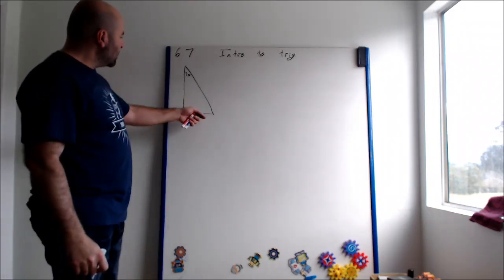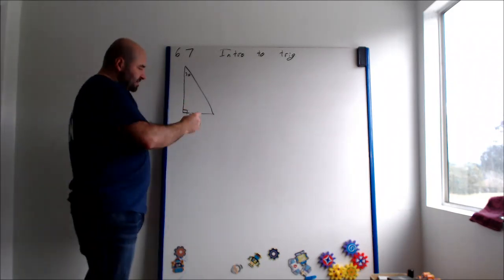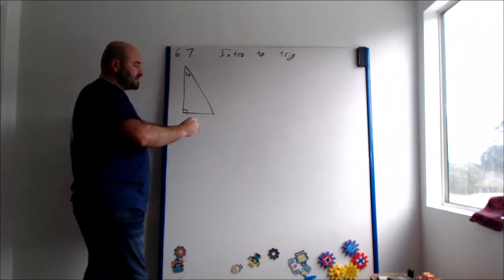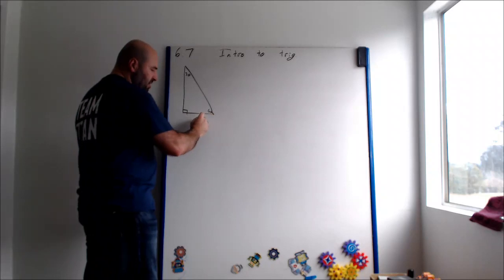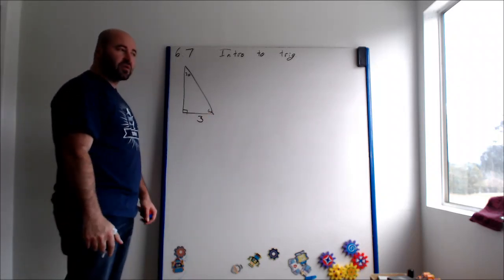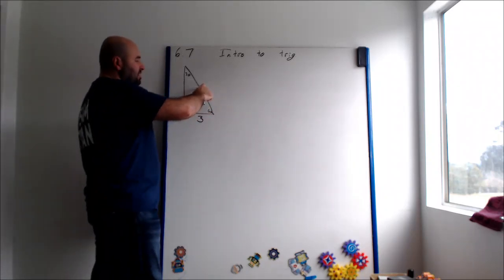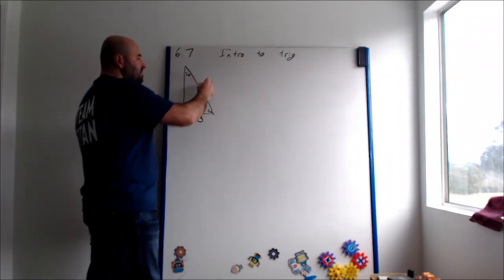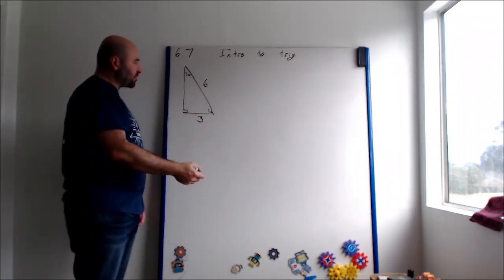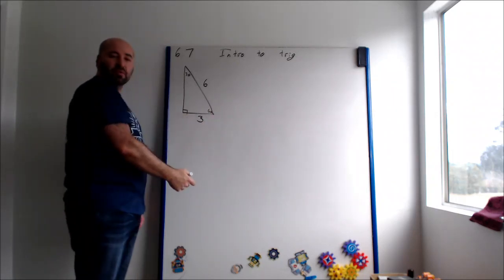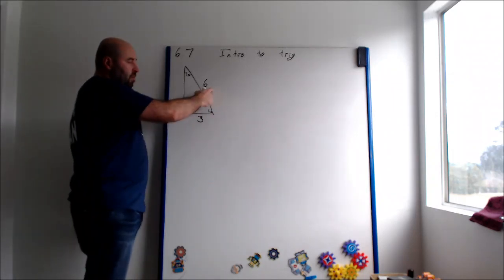And what we realize is that when we have a 30, 60, 90 right triangle, the short side could be any value. In comparison to the hypotenuse, there's a ratio. Depending on how you set up the ratio, it's either 2 to 1 or 1/2.